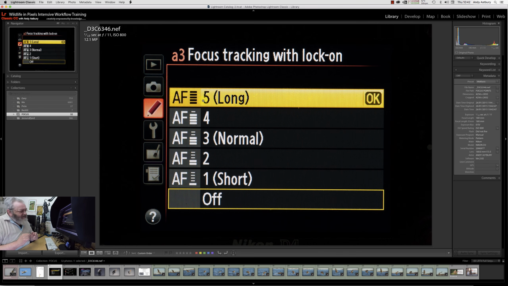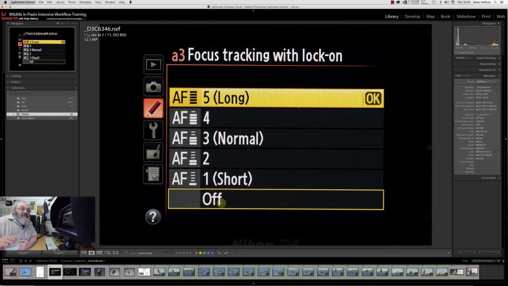So there's the thing. Sometimes this is useful, and I may do a video showing you why, but normally I shoot with it either turned off or on 1 or 2 at the maximum.